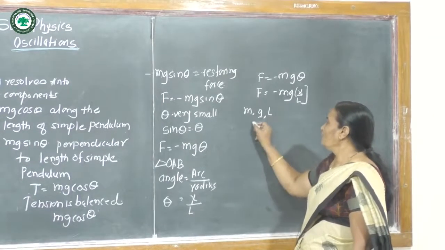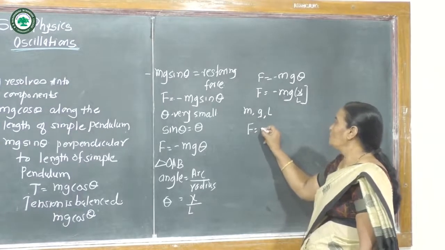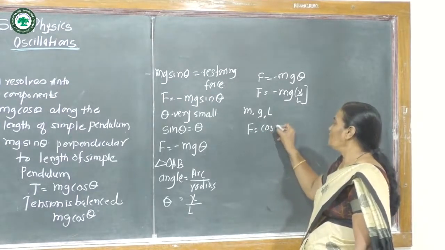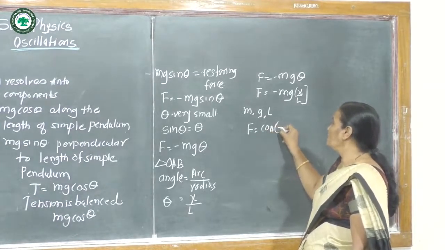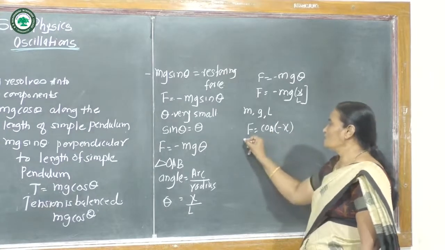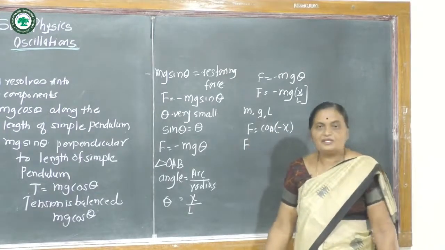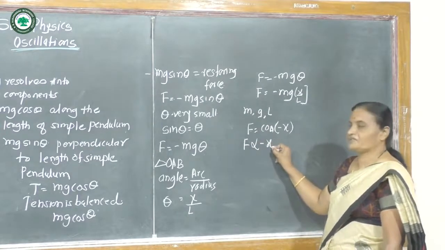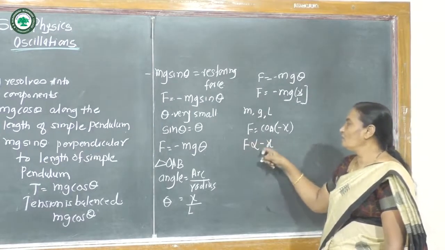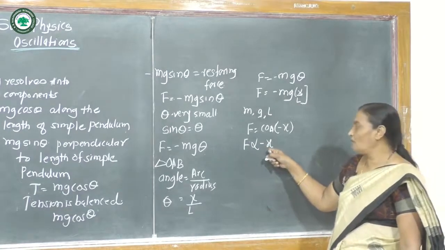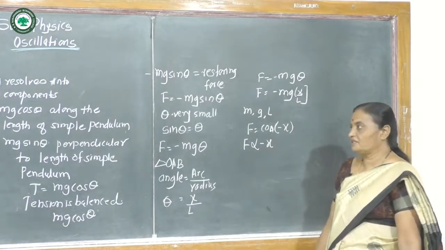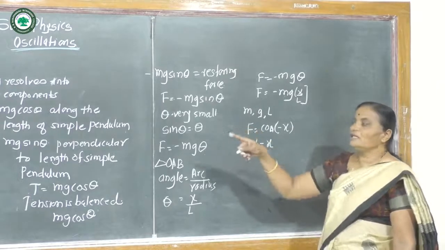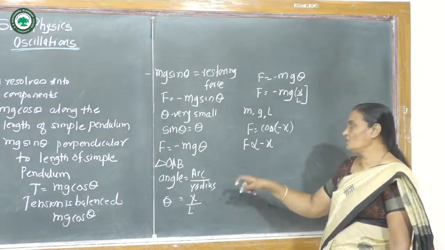That is, here we can write force is equal to constant multiplied by minus x. Thus we can say that the restoring force is directly proportional to minus x, which represents that the motion is linear simple harmonic motion.